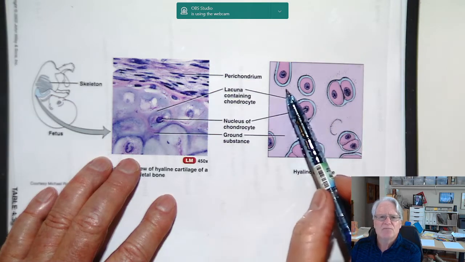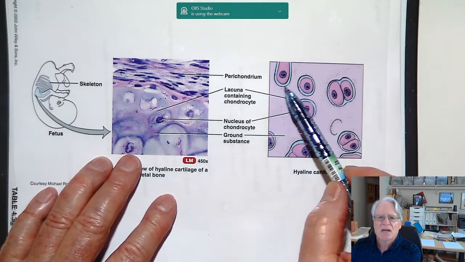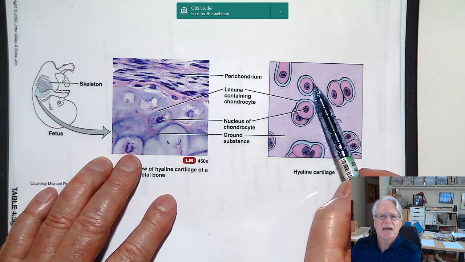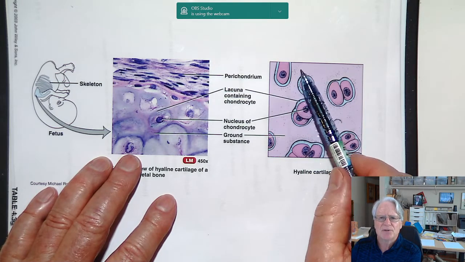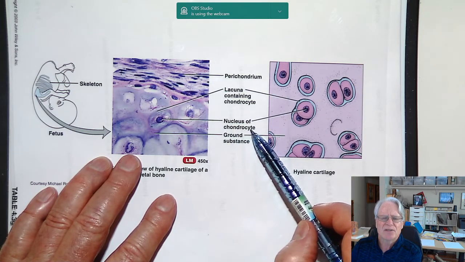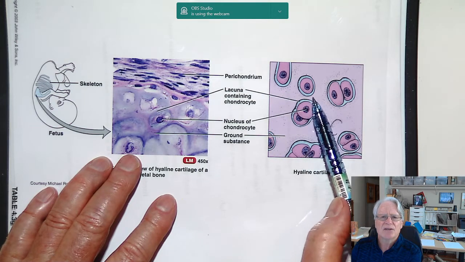What you see is mostly this purplish kind of view of the cartilage. And then these islands within that matrix, and inside those islands are living the cells that produce this matrix. And these cells are called chondrocytes. Okay, and they're living inside these little caves within the cartilage itself.